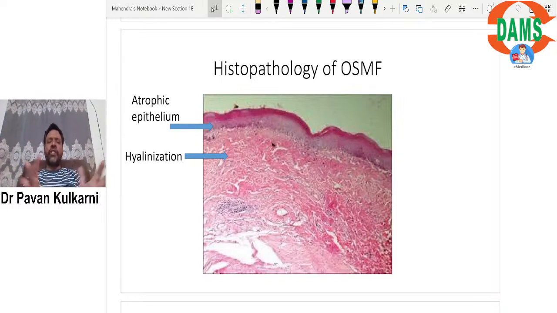What is hyalinization? The collagen becoming dense is called hyalinization. So this can be a very potential image. We should be aware of the histopathology of oral submucous fibrosis. How to identify it? You have to identify the atrophic epithelium. You have to see the subepithelial hyalinization of the connective tissue.